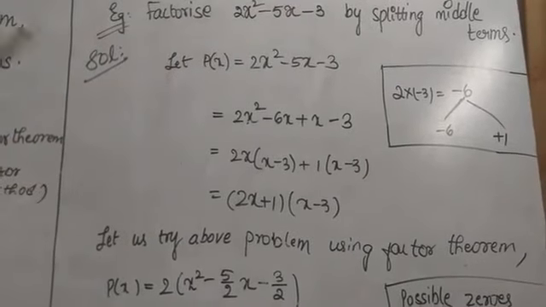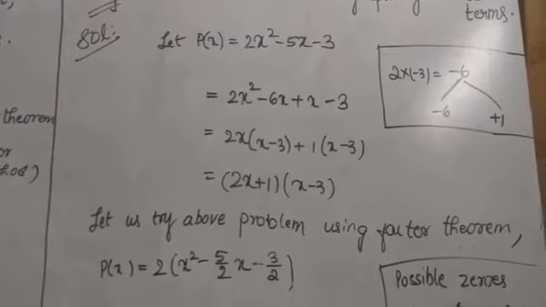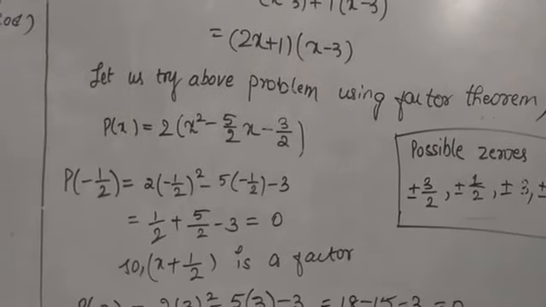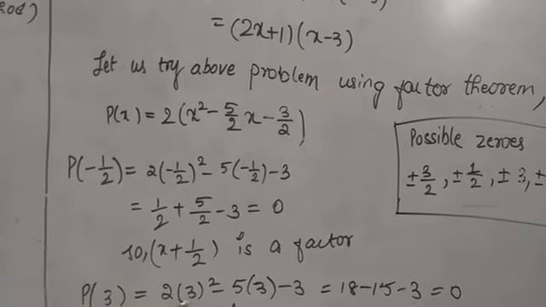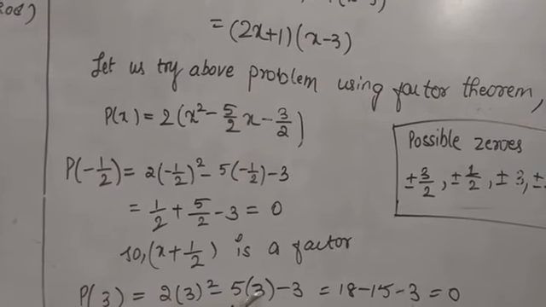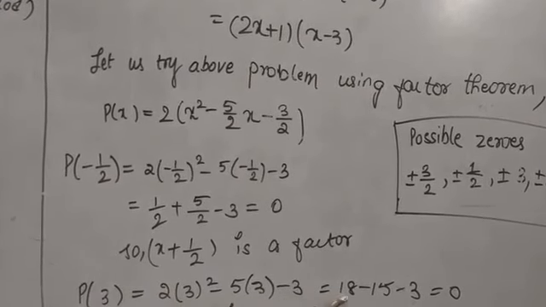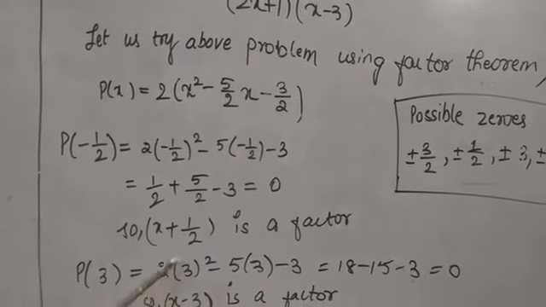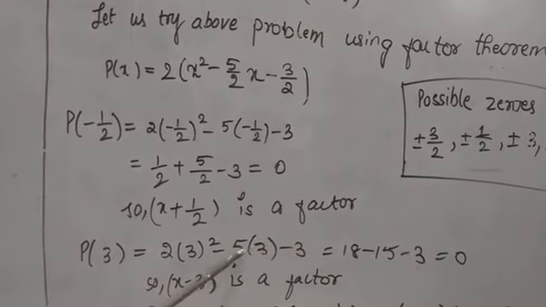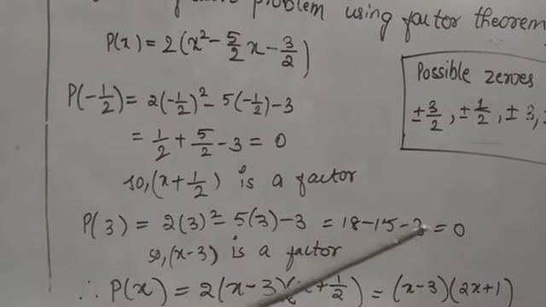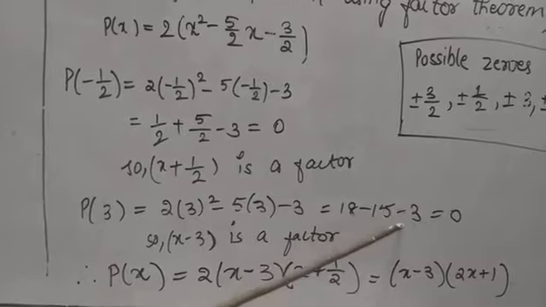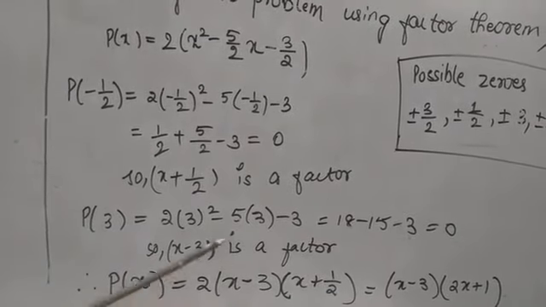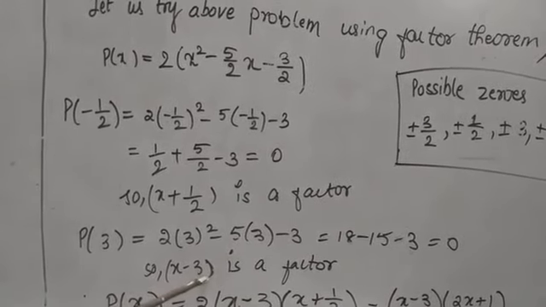So therefore, I have chosen P of 3. So P of 3 is equal to 2 of 3 square minus 5 of 3 minus 3. 3 square is 9, 9 2s are 18, 5 3s are 15, minus 3, that is nothing but 18 minus 18 equals 0. So x minus 3 is also a factor.